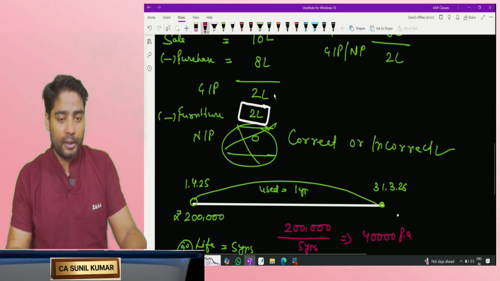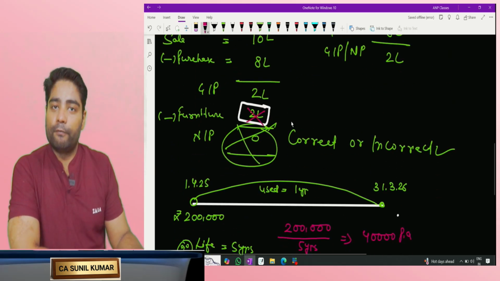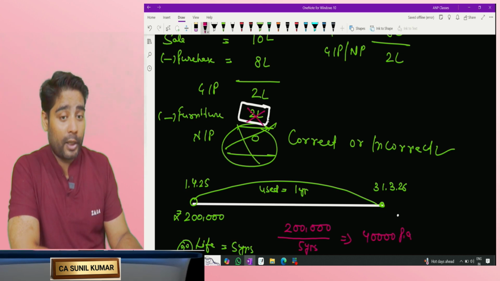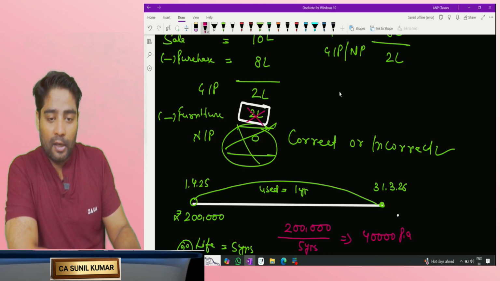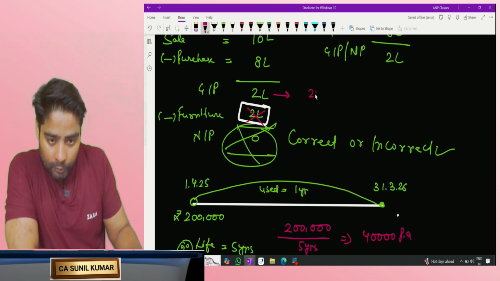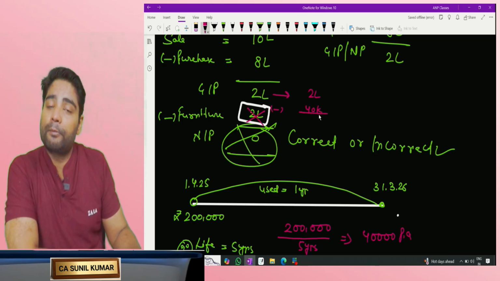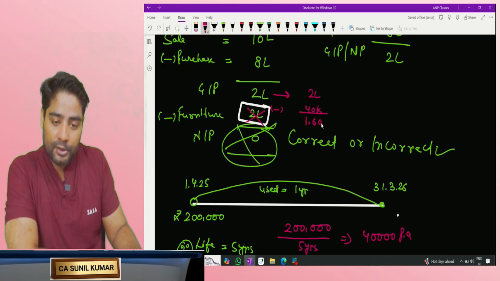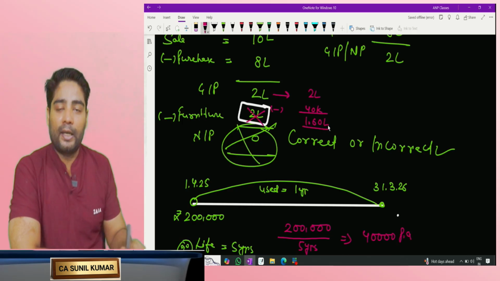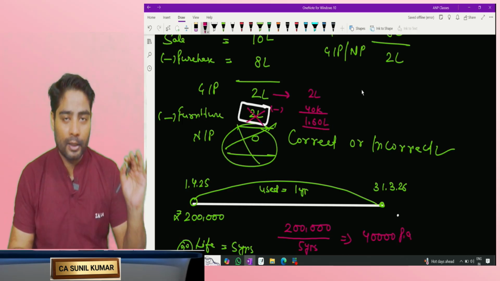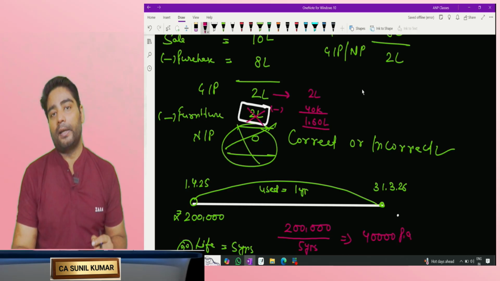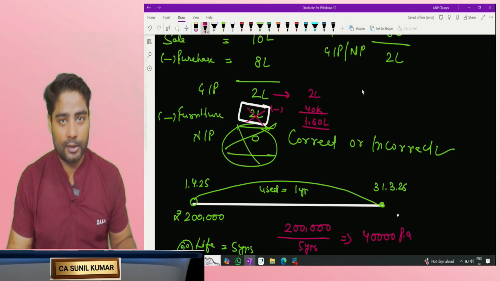So here we need not take 2 lakh as a furniture expense. We shall take 40k. So the net profit will be 1 lakh 60,000. The correct net profit earned by Mr. Ram will be 1 lakh 60,000.